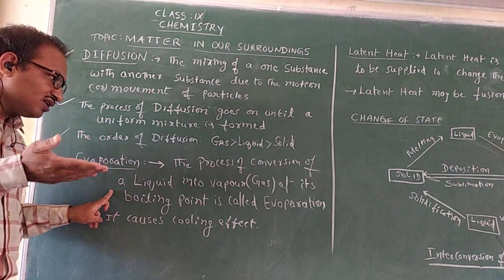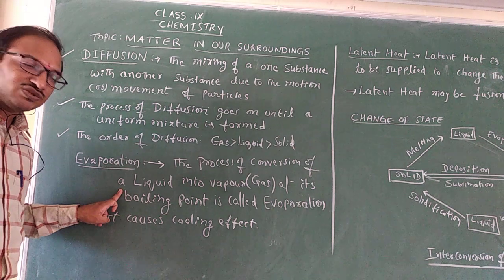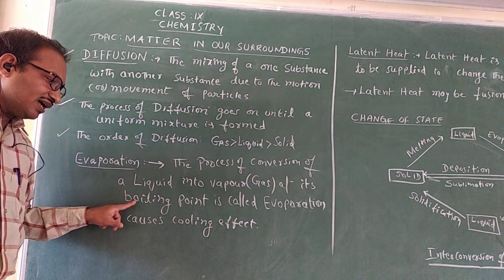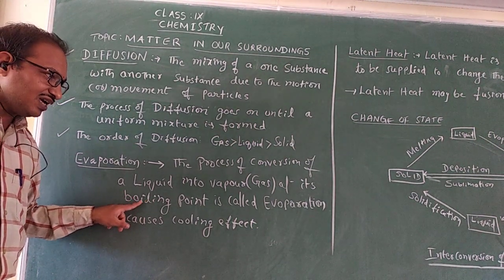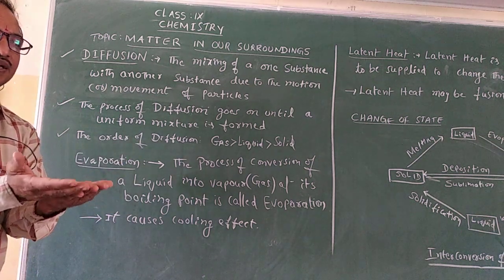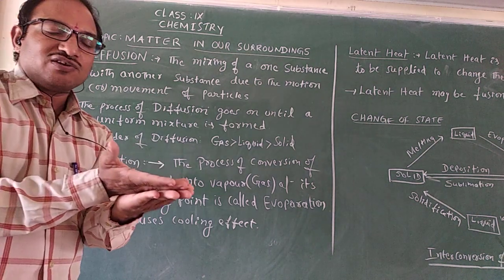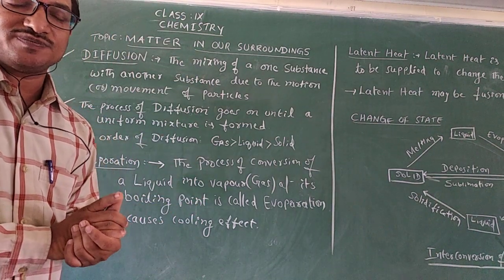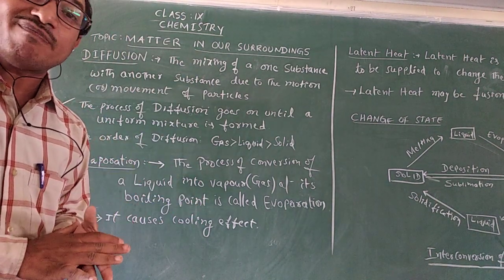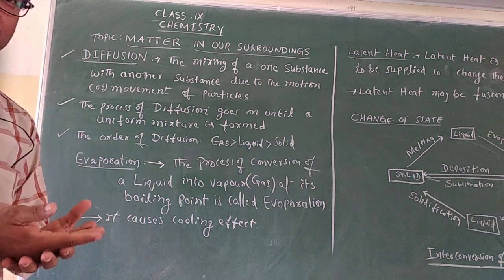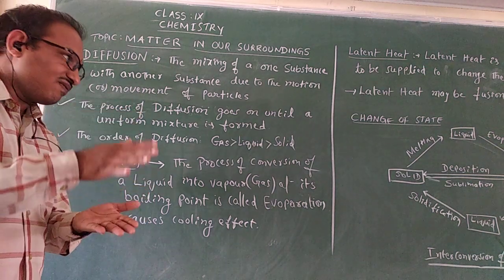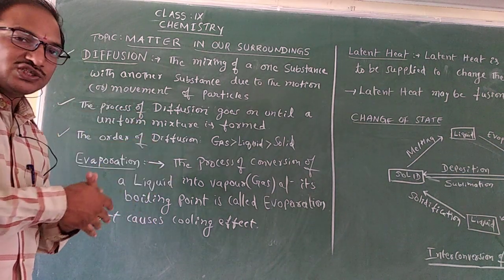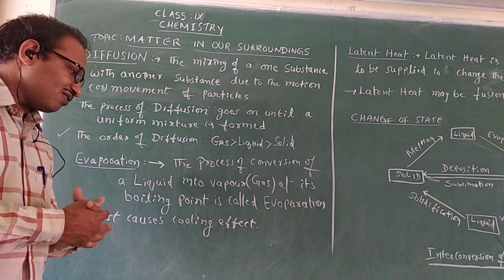The process of conversion of a liquid into its vapor at its boiling point is called evaporation. Simply, when the water molecules get converted into vapor, the process is called evaporation. We can say vaporization also.